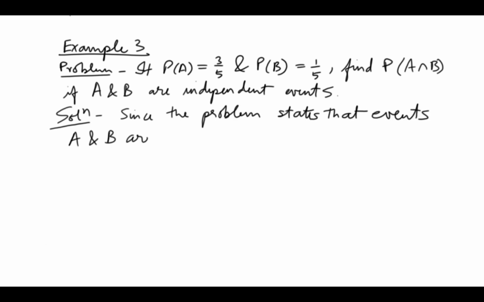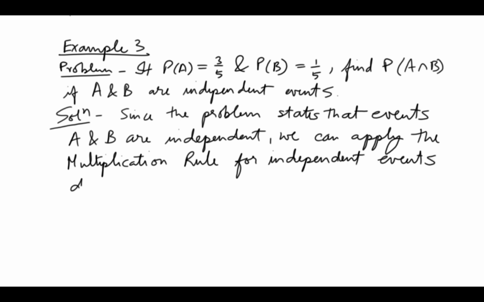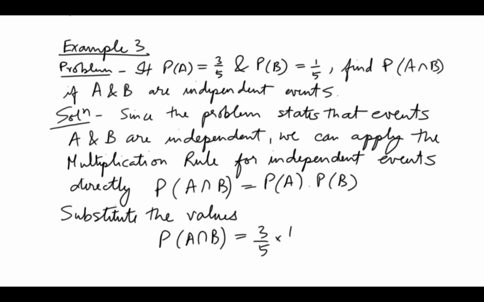Since A and B are independent, we can apply the multiplication rule simply. It is just the multiplication of the probability of A and B. So 3 by 5 into 1 by 5, that is 3 upon 25. That is the final answer. This was a very simple problem, so that we can solve a lot of problems based on these concepts.